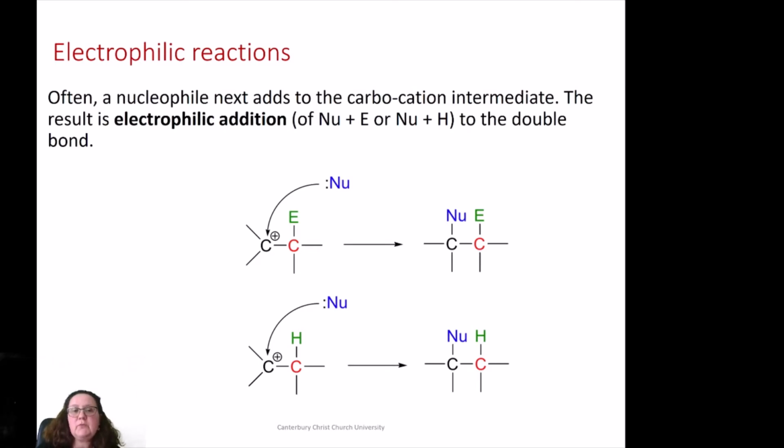As a summary, the pi electrons of a carbon-carbon double bond attack an electrophile, and the electrophile enters the molecule, and you form a carbocation.